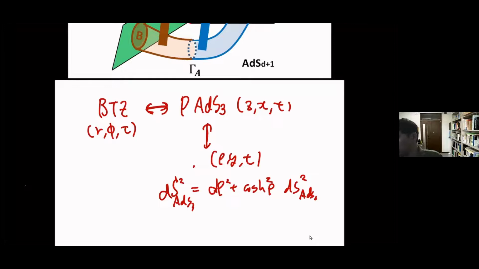Because anyway, BTZ is a kind of orbifold of pure AdS, right? You can also get BTZ by orbifolding this. So you can start from this configuration, take the orbifold, and reduce to a lower dimension.